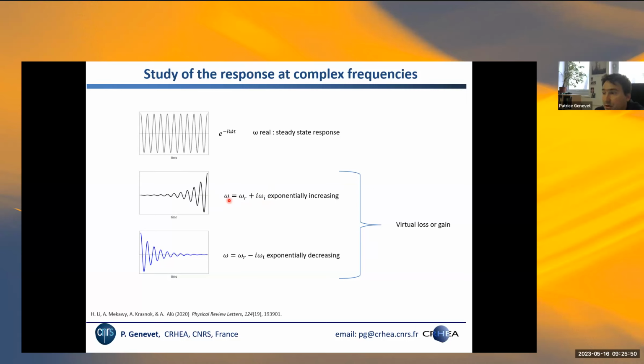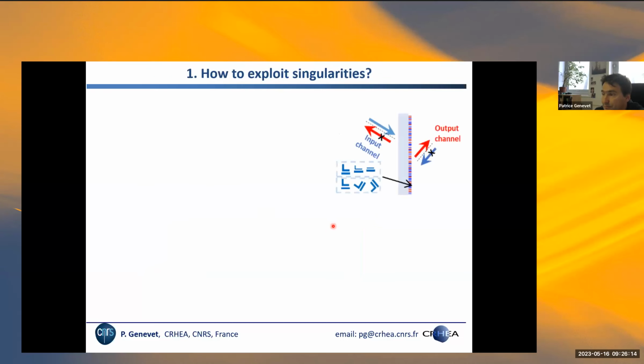We can send an exponentially increasing source, which provides a positive imaginary part, or an exponentially decaying source, and that provides essentially virtual gain or loss into the system. That can be referred to this paper from Andrea Alù, where they have studied excitation of these complex quantities. So why are we doing this?